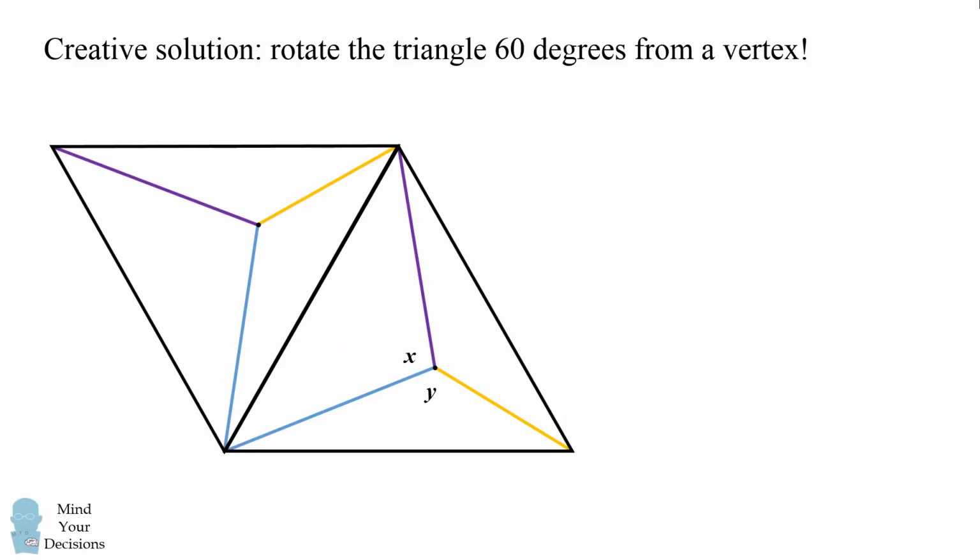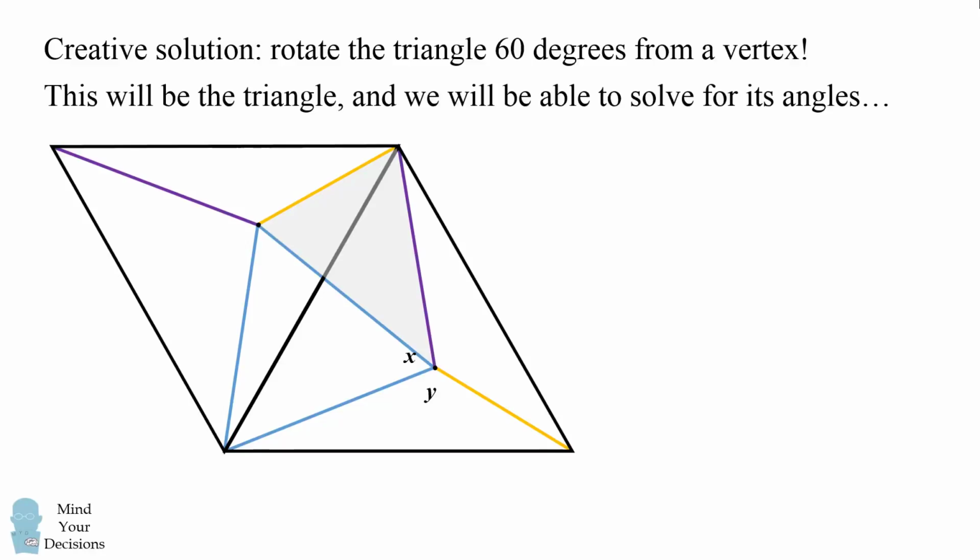We now connect the random point on the rotated triangle to the original triangle. And we will show that we have now found a triangle with a blue, yellow, and purple side. So this will be the triangle, and we will be able to solve for its angles. So that's going to be the plan of the proof.